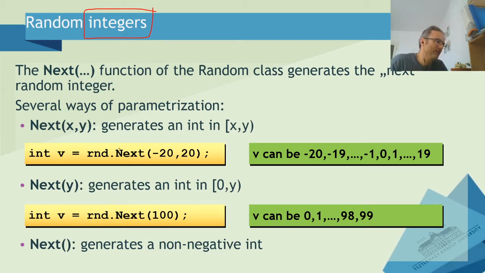And I don't know if you knew there are 3 different variations of this Next method. I assume you used this one with 2 parameters, didn't you? Yes. So I guess you know how it works. You have to specify a range with a minimum and a maximum.